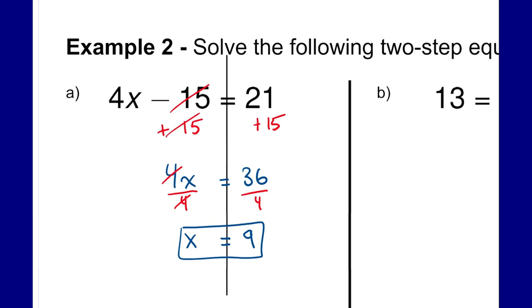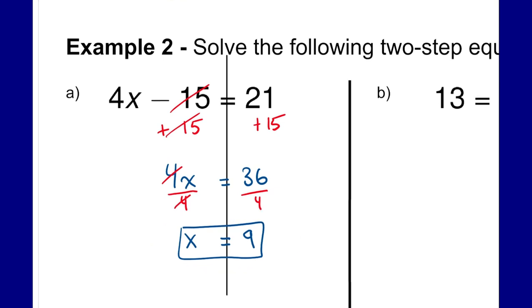Now, this is an example where I should see multiple steps, right? It's a two-step equation. You might be able to do it in your head, but I should be seeing some work. So in the last one, all I really needed to see was the answer. In this one, I need to see some steps in between. So I should see at least this beginning portion, then this one-step equation, and then the answer.